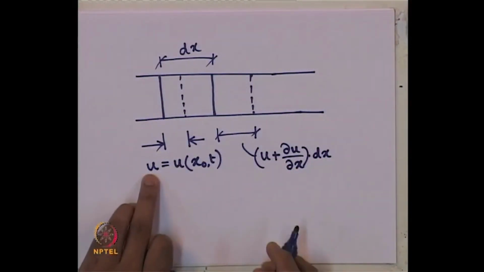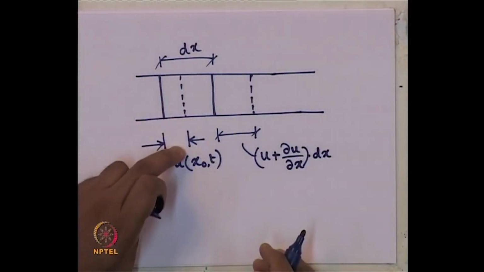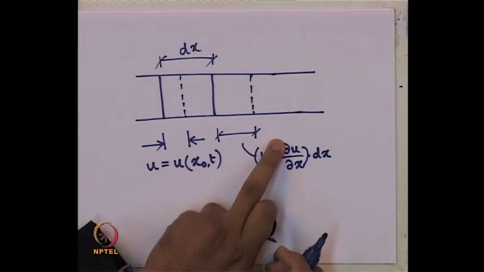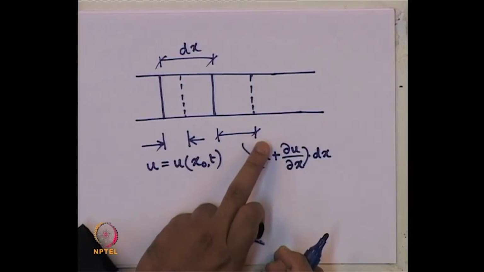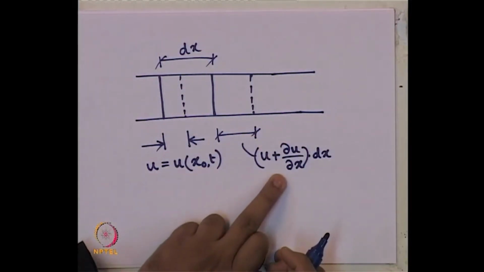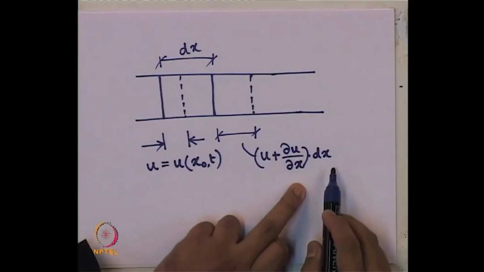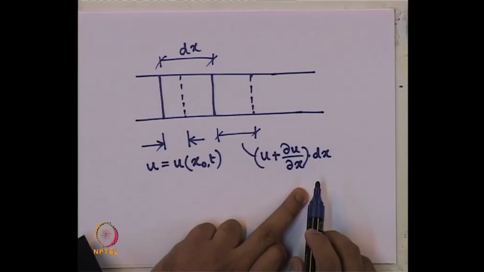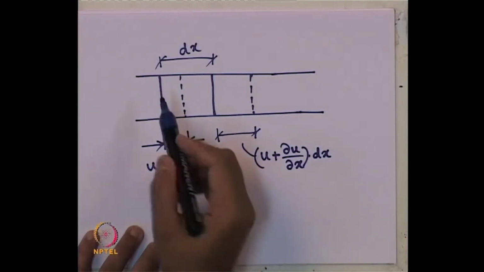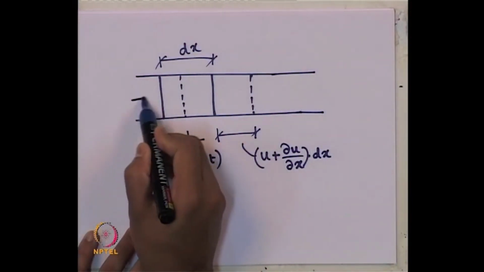Okay? Here the displacement was u, and at the other face, at the other end of the section we have chosen, the displacement of the particle is u plus del u del x into dx. And what are the stresses acting on the element?